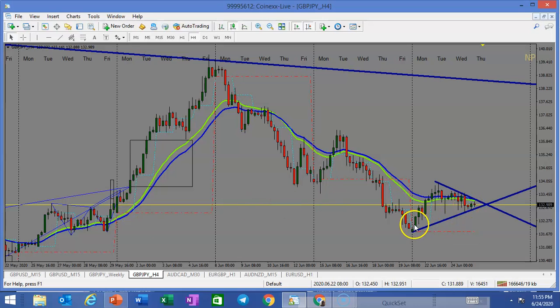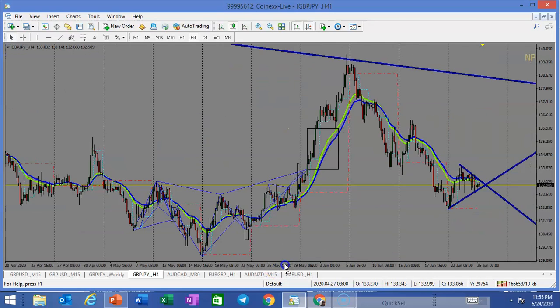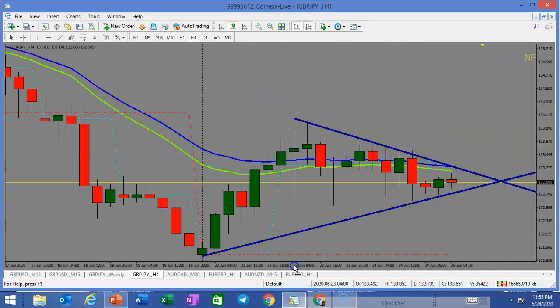Right now you see on GBPJPY we are in the middle of this week's open and last week's open. And so from there we are able to see that we kind of have this triangle that we could trade.